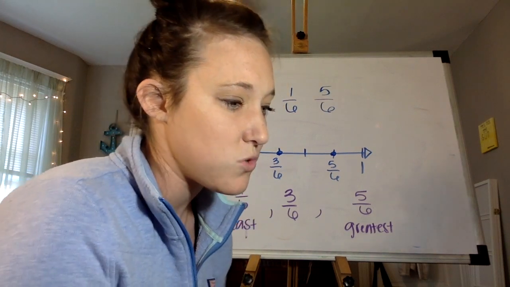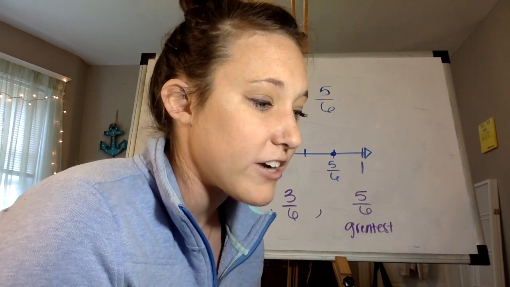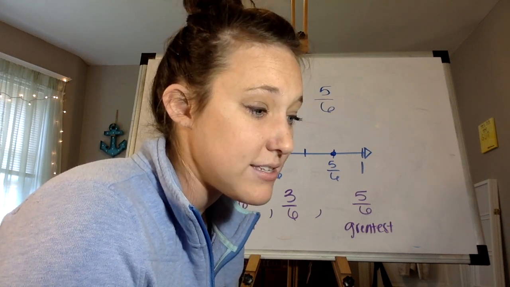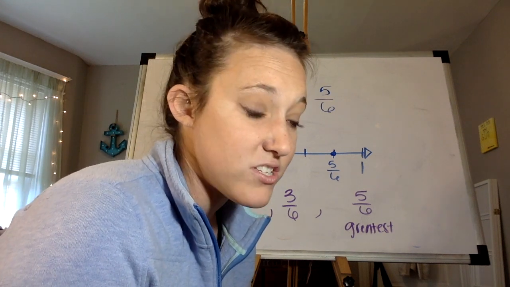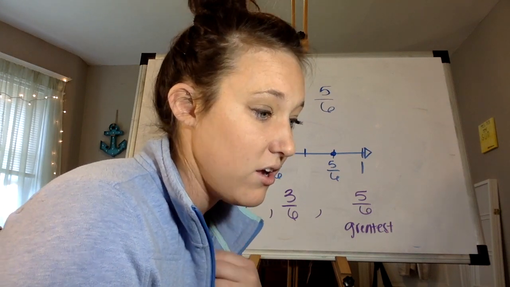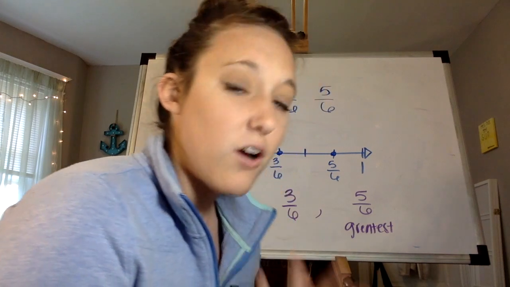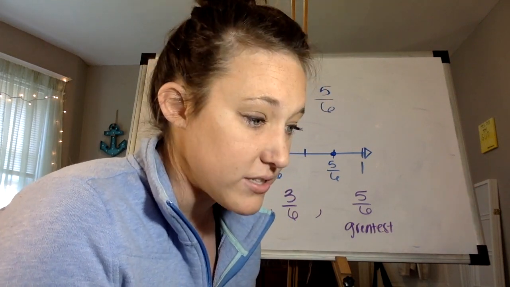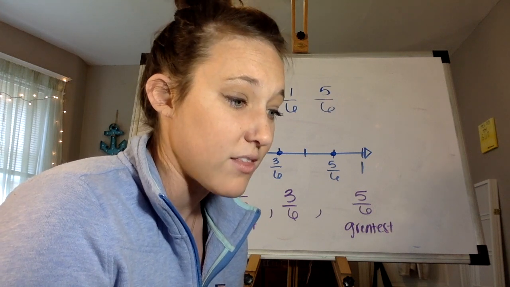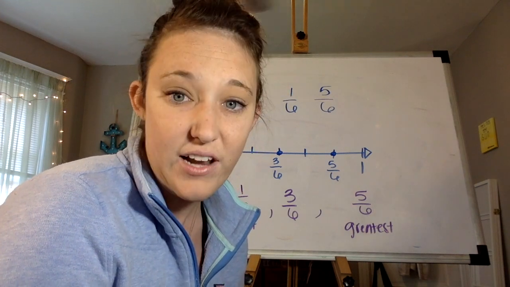We are on 526. Order the fractions 7/8, 1/8, and 5/8 from least to greatest. Plot the fractions on the number line. All 3 fractions have the same denominator. All right, so it already gives you the number line. That's always helpful. So you just need to put a plot point at the 1/8, the 5/8, and the 7/8.